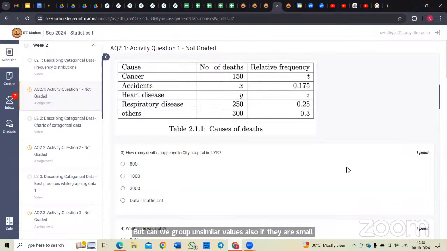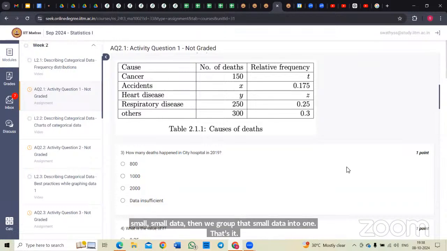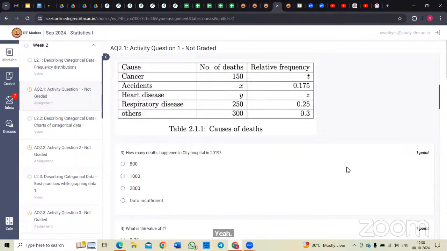Or is the criteria that we have to group similar frequency only? No, if we are having a lot of small data, then we group that small data into one, even though the frequency of the smaller data is different. Okay, ma'am.